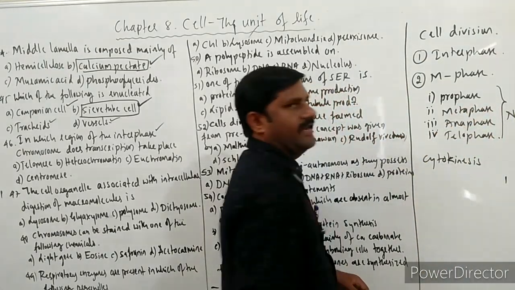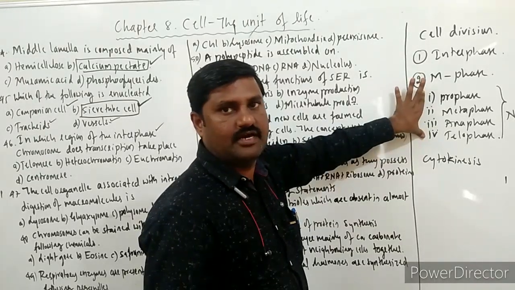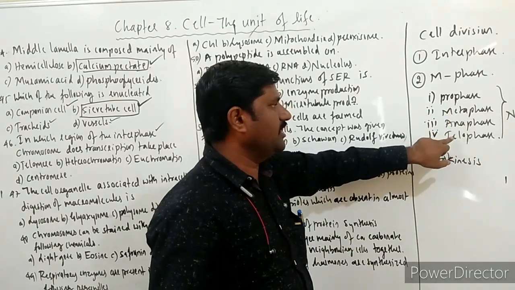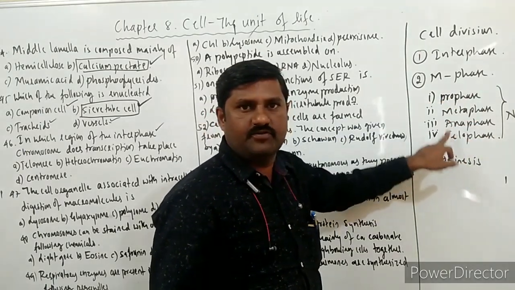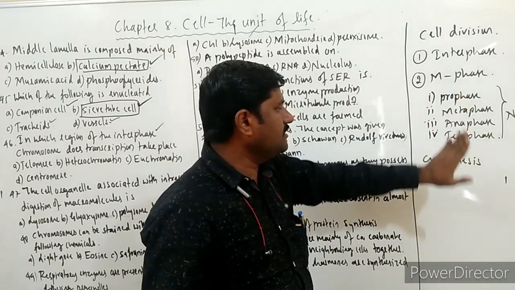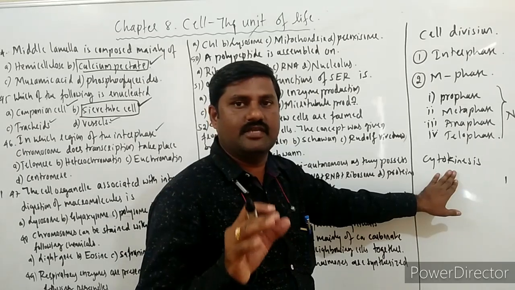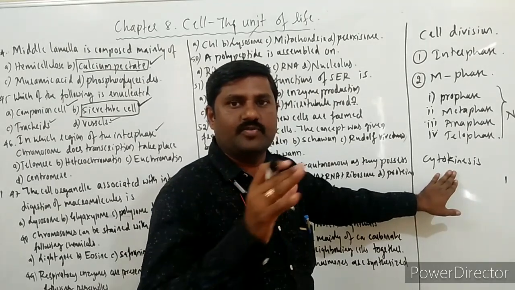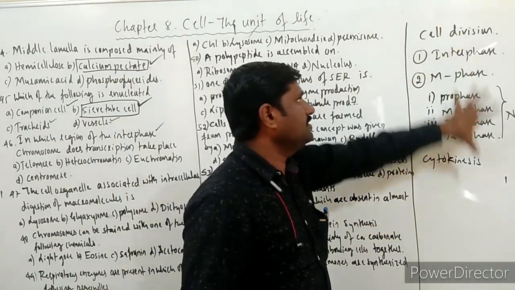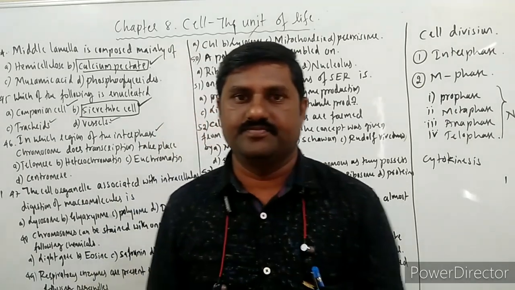So karyokinesis, this one is the first stage. Under karyokinesis, four stages we come across. In these four stages the nucleus of the cell divides, and later the division of the entire cell takes place, that is, cell organelles as well as cytoplasm are equally shared between two daughter cells, right? So this is the cell cycle that we must know basically, right?